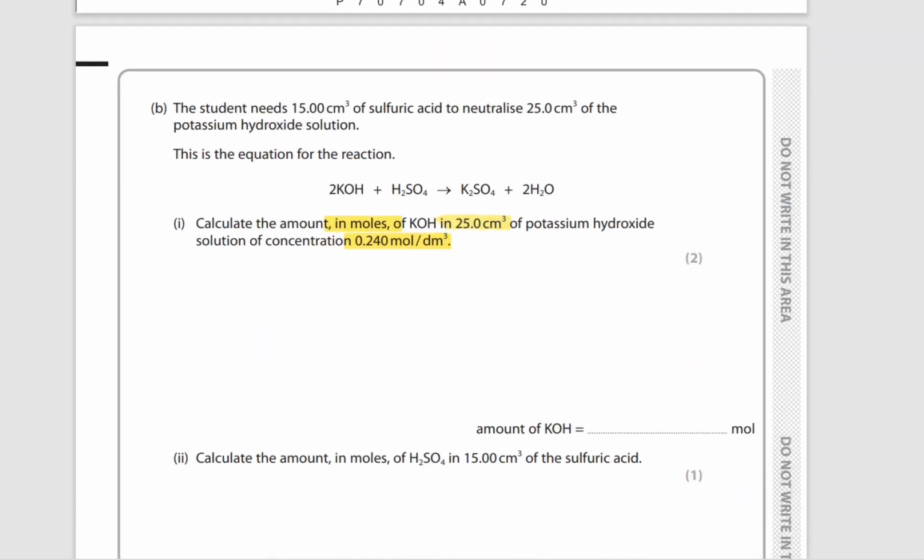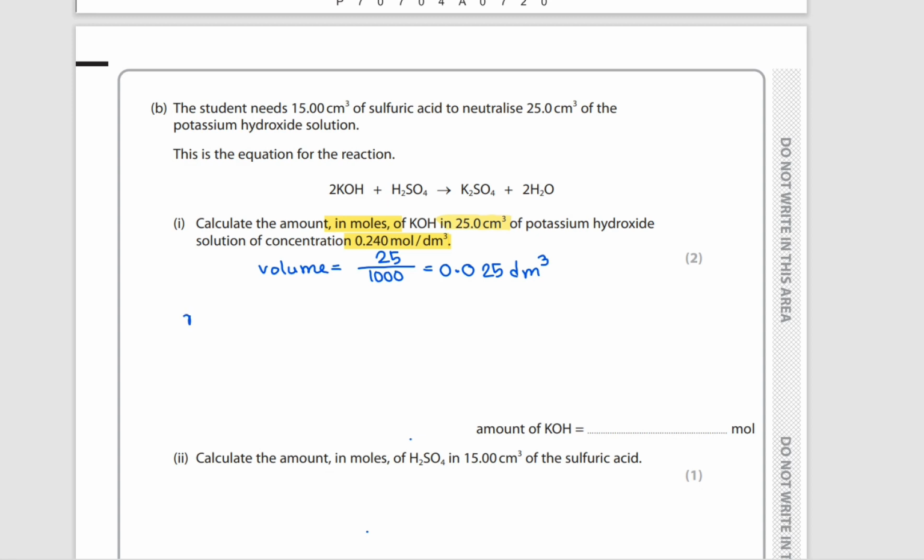So at first we need to convert the volume into decimeter cube. That is, we can write volume equals 25 divided by 1000. If you do this calculation, you get a value of 0.025 decimeter cube. So this is the volume of potassium hydroxide in decimeter cube.